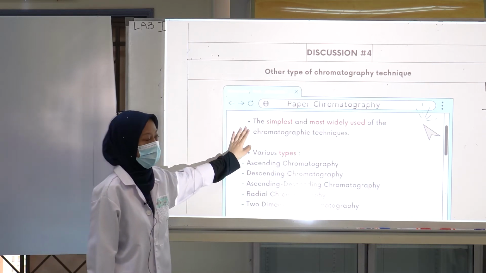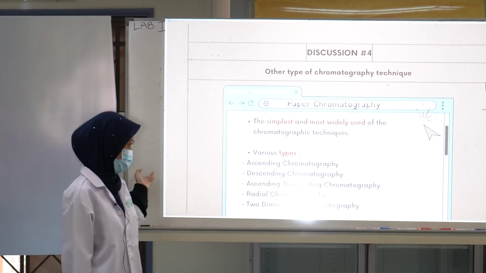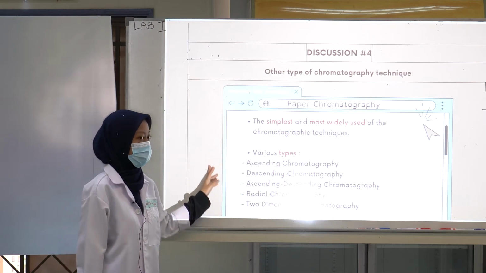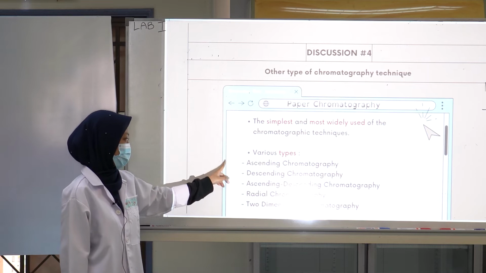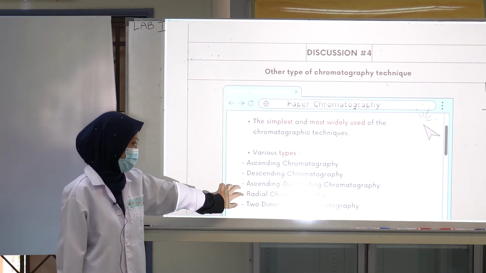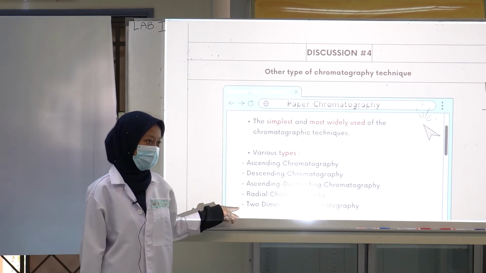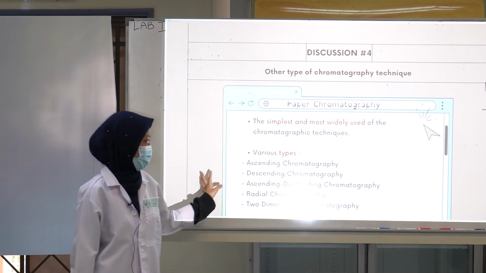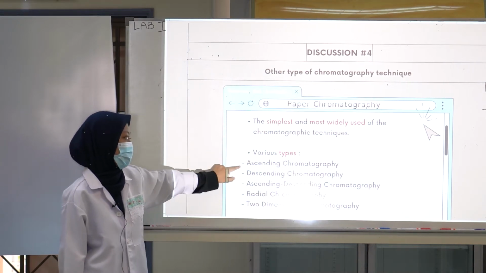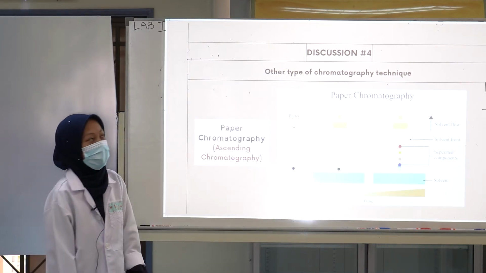Paper chromatography is the simplest and most widely used of the chromatography techniques, and it has various types: ascending chromatography, descending chromatography, radial or circular chromatography, and two-dimensional chromatography. But here I choose to explain more about ascending chromatography.